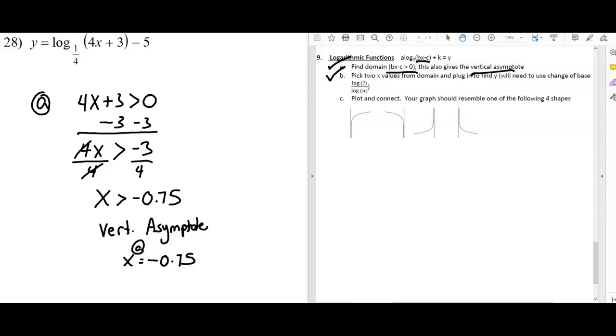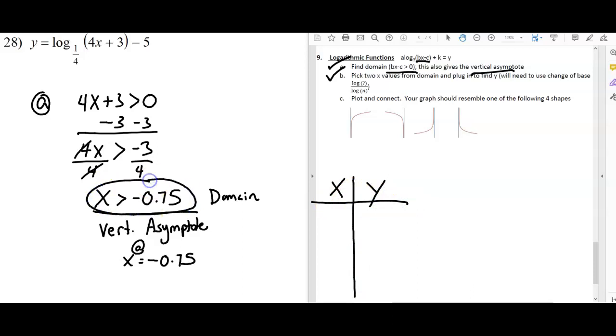The next thing I'm going to do is pick two x values from my domain and plug them in to find out what y is. So we're looking for numbers that are greater than negative 0.75. So I think a good choice would be 0. And let's pick another number that's bigger than that.